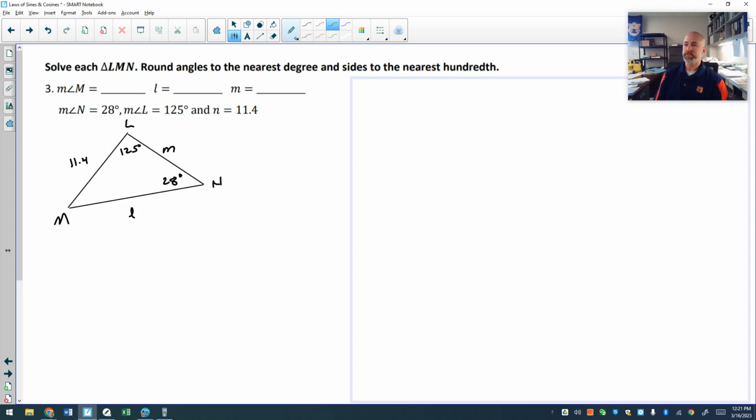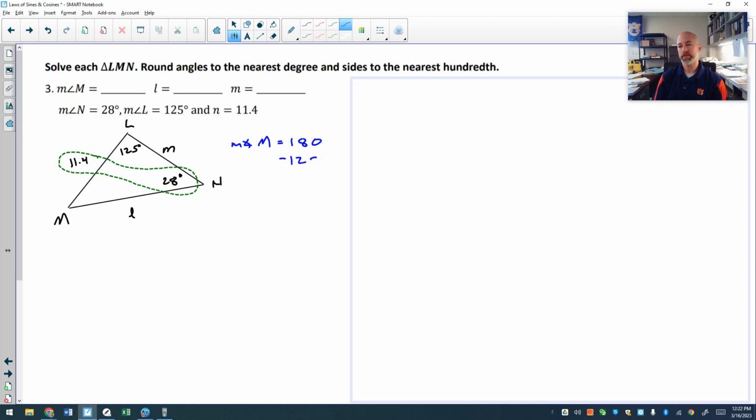And I'm going to start setting up. And when I'm setting up the law of sines, I want to focus in on the one angle and side length relationship where I have both pieces of information, and that happens right here. When I use the law of sines, I'm going to absolutely use angle N and side length N both. However, as I was circling that, I noticed one of my objectives is to find the measure of angle M, and the measure of angle M is going to be easy because we have 2 angles of a triangle.